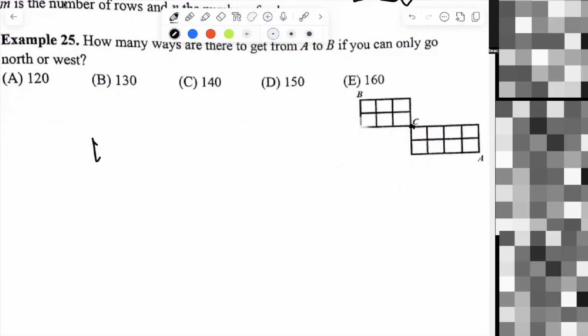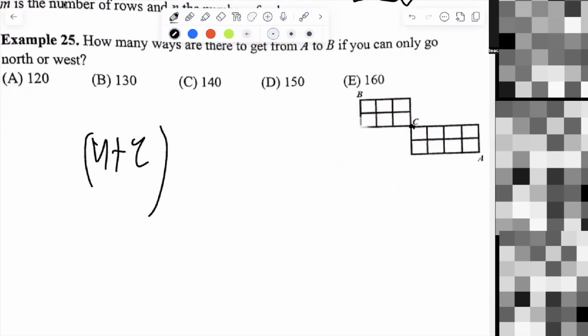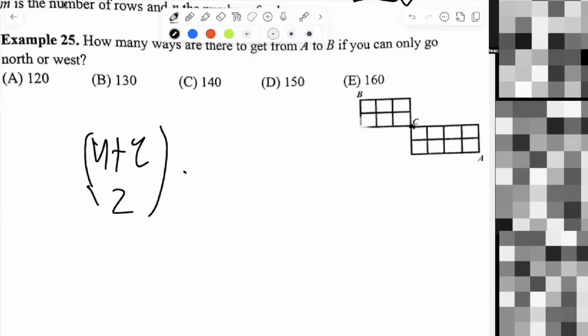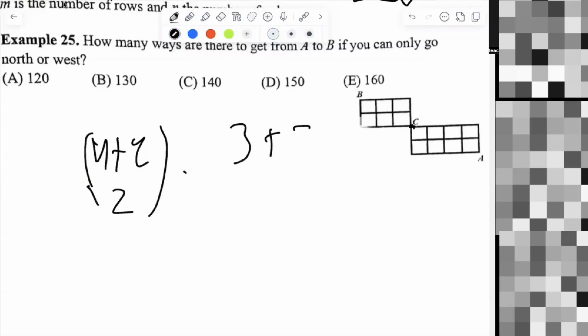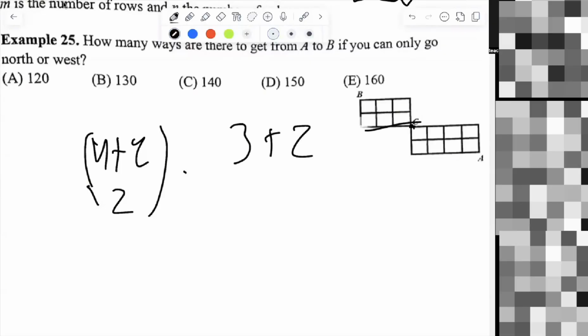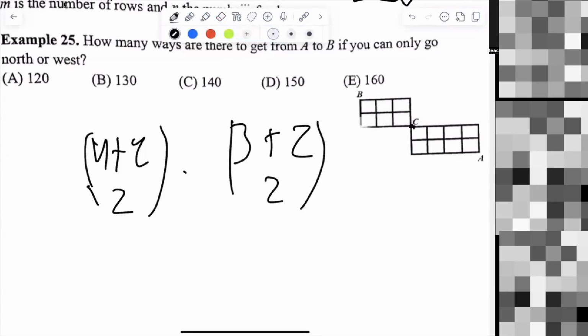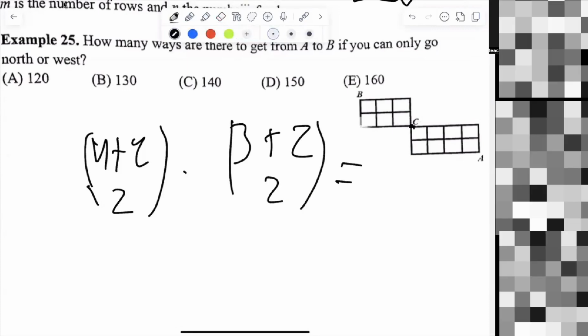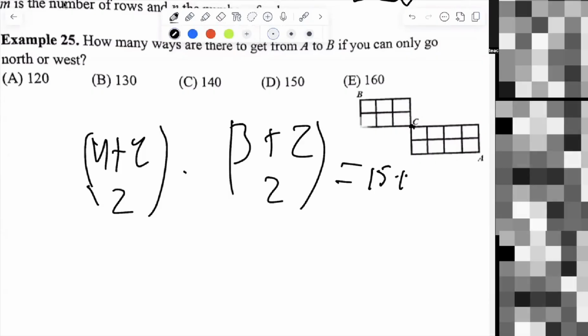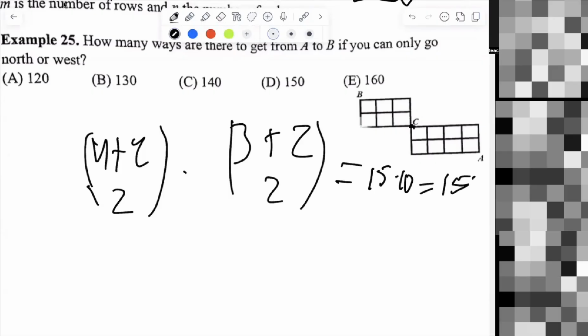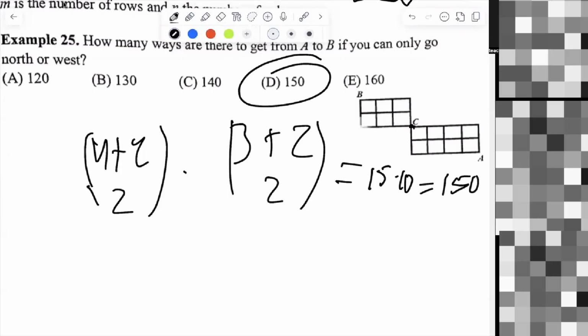This is just 4 plus 2 choose 2, which we calculated is 15, times, in this case the length is just 3, so 3 plus 2 choose 2, or 10. This is 15 times 10, or 150, or D.